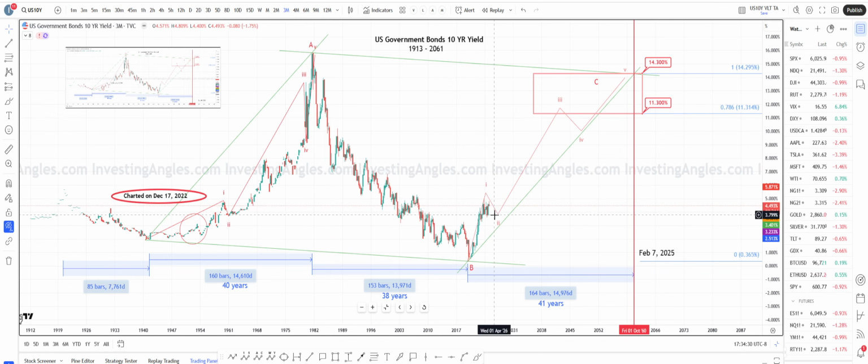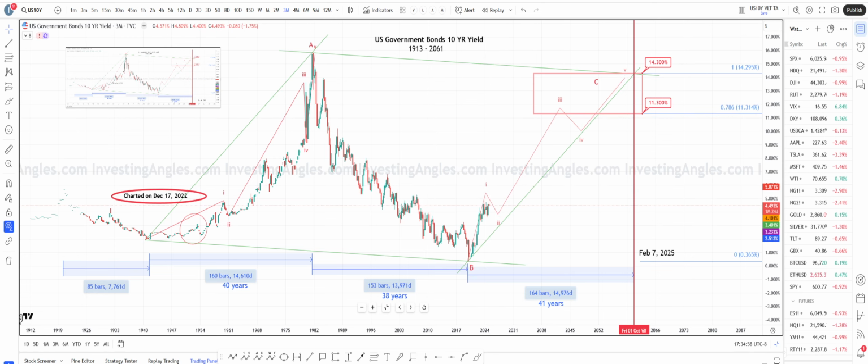Wave 2 could be longer, and we might see slightly lower prices or a horizontal move before wave 3 starts. This is from the Elliott wave perspective, because if we have one impulse up, then we should have another comparable wave upward after consolidation. So this is the theory.